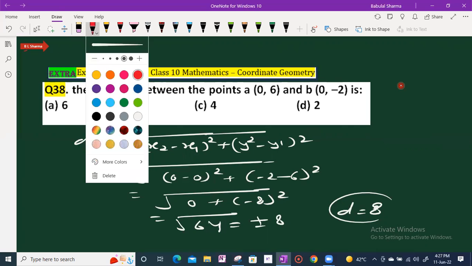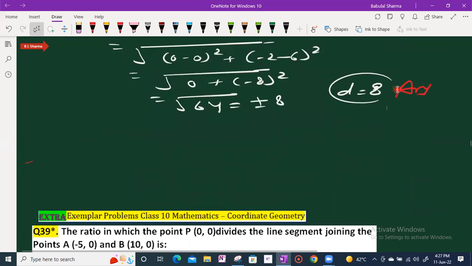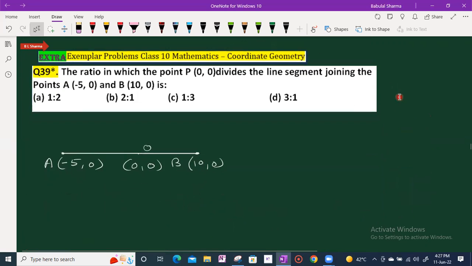So distance between the points 0,6 and 0, minus 2 is 8 unit, and that is the answer of this question. Next question.